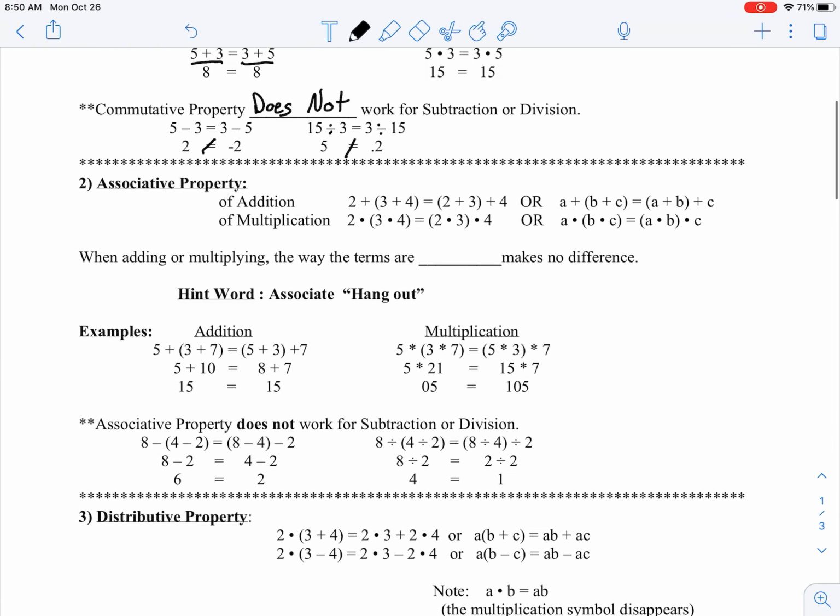Alright, next we have the associative property of addition. This has to do with grouping things together. When we are grouping things with addition, it doesn't matter which way we group them.